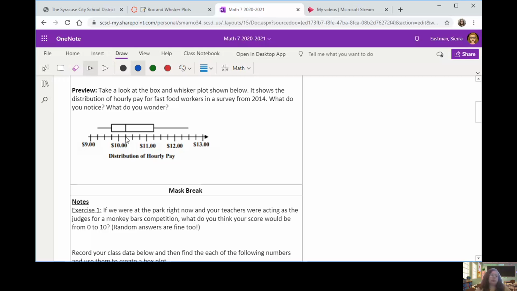So maybe that represents one fast food place, could be McDonald's. Okay, we're not quite sure yet because we don't know how box and whisker plots work. This line here ends at about $12.50. Maybe that represents Burger King's wages. We don't know yet.